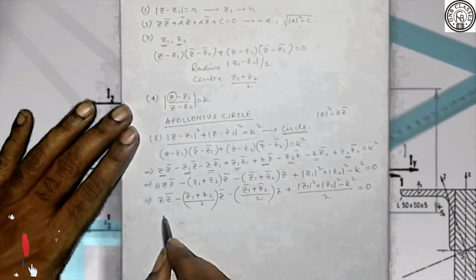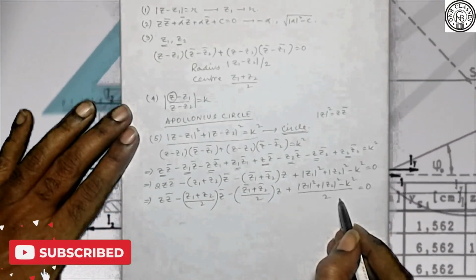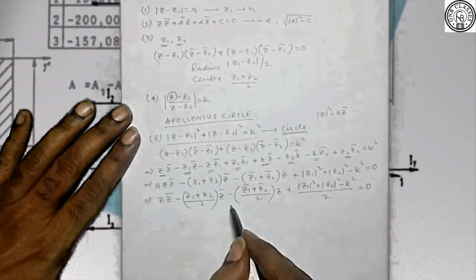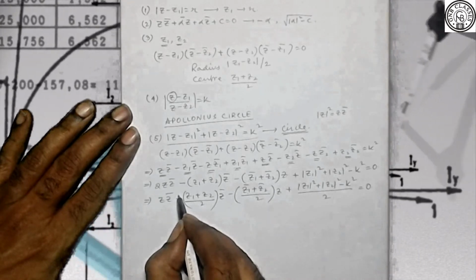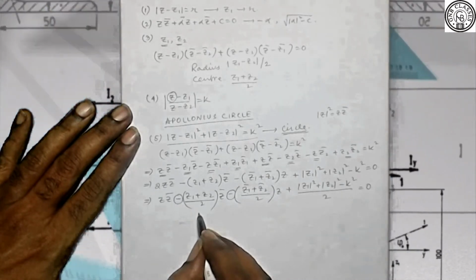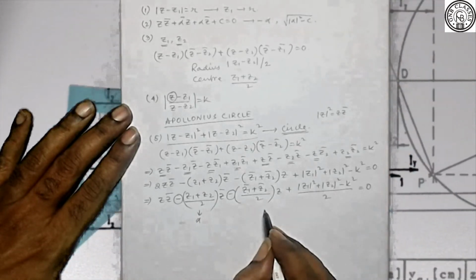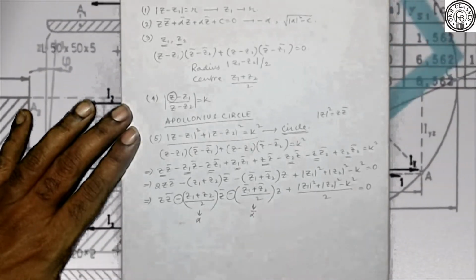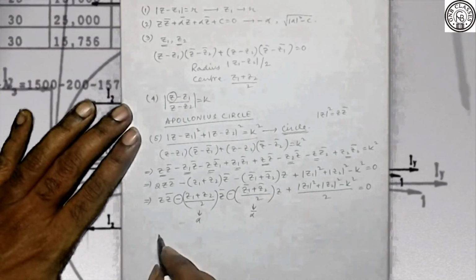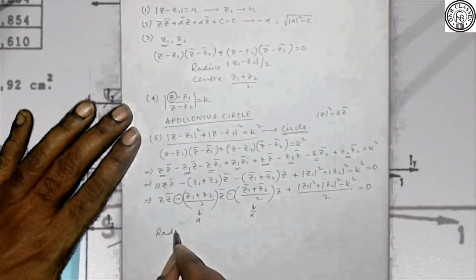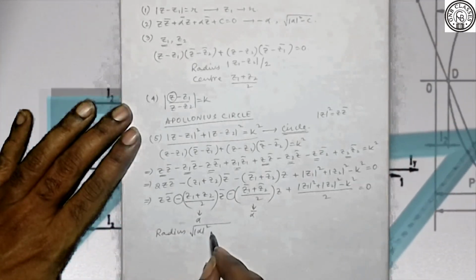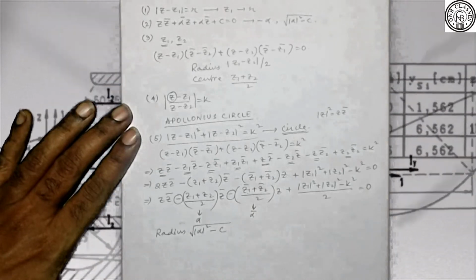Now this will represent the equation of a circle, because the signs over here are the same, and if I treat this thing as my alpha, then this thing becomes my alpha bar, so everything matches. The only thing is its radius. What is its radius? Radius is under root mod alpha square minus the constant term.